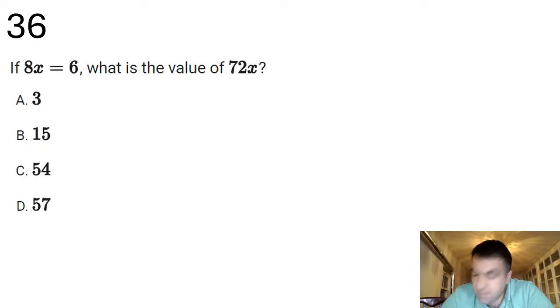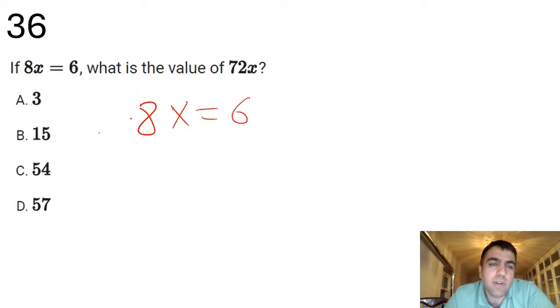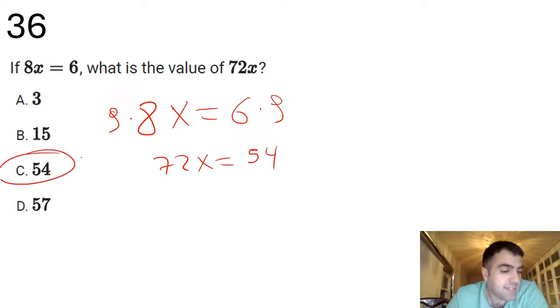Mr. Saib says answer is C. If 8x is equal to 6, we can multiply both sides of the equation by what? By 9, right? 72x is equal to 54, right? The correct answer is C.